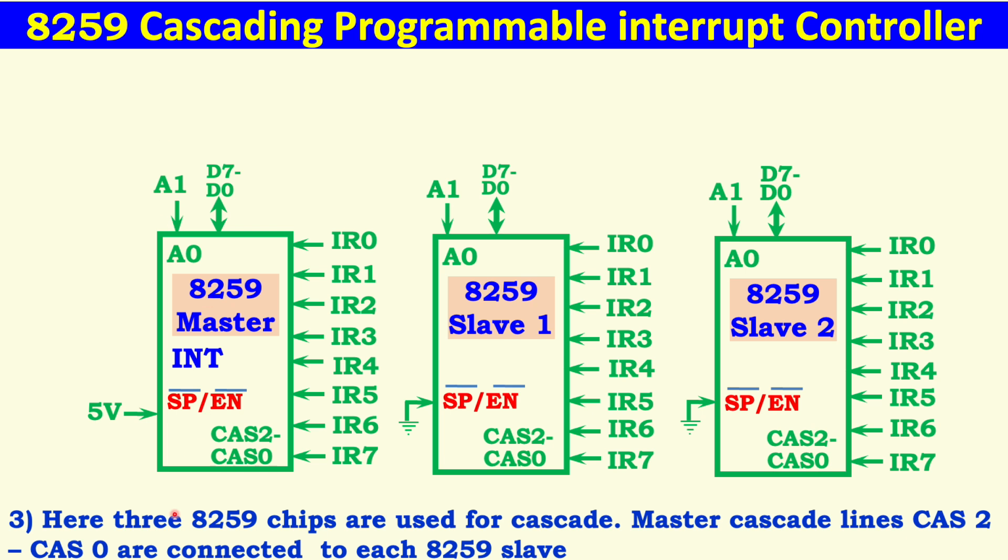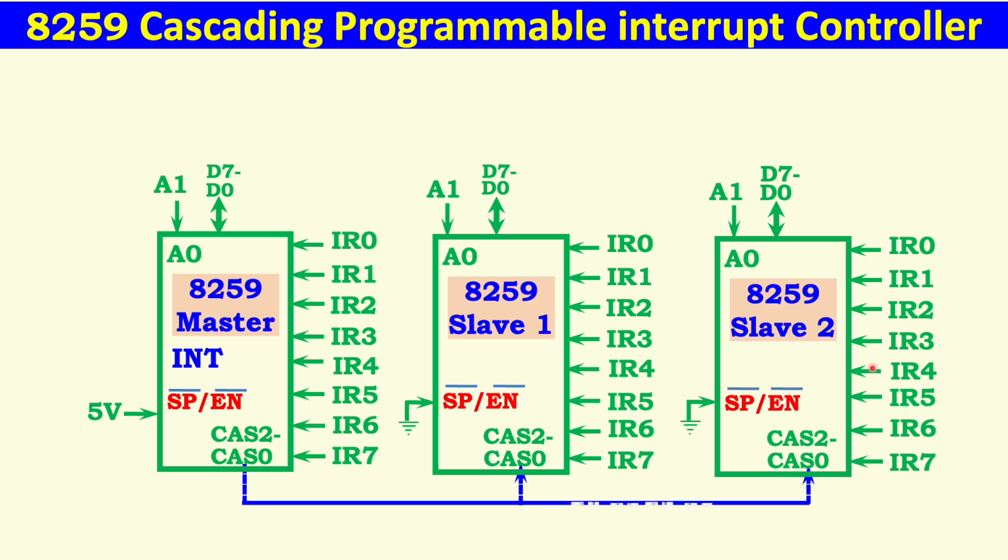Now see that here we have taken 3 8259 chips for cascading operation. One acts as a master, the remaining two act as slaves. The master will send signals to all slaves to operate in the cascading mode.